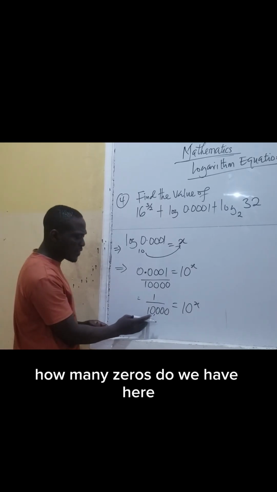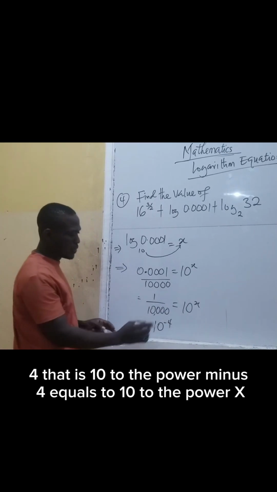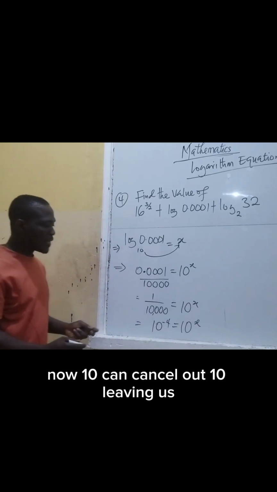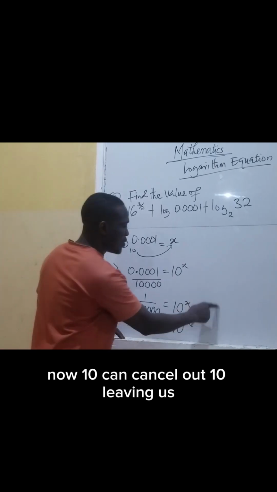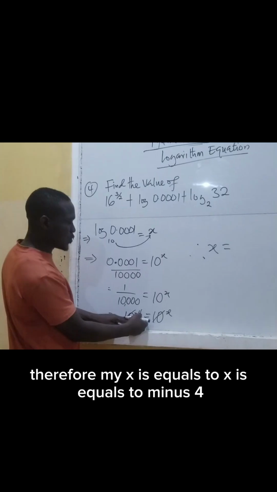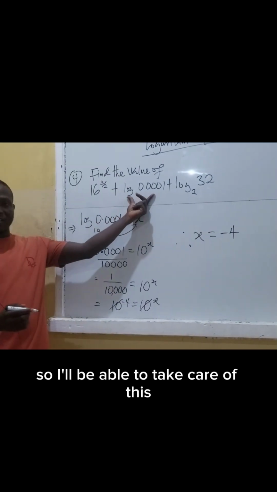How many zeros do we have here? 4. That is 10 raised to power minus 4 equals 10 raised to power x. Now, 10 can cancel out 10, leaving us, therefore, x equals minus 4.